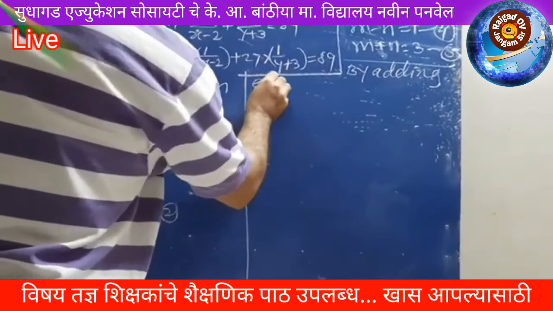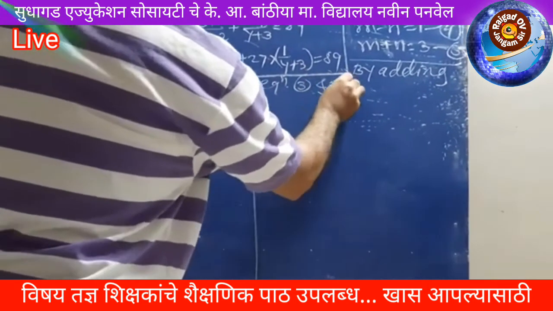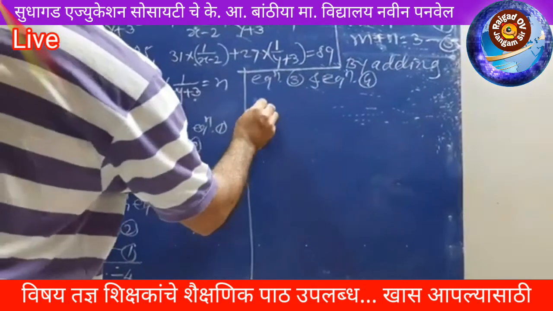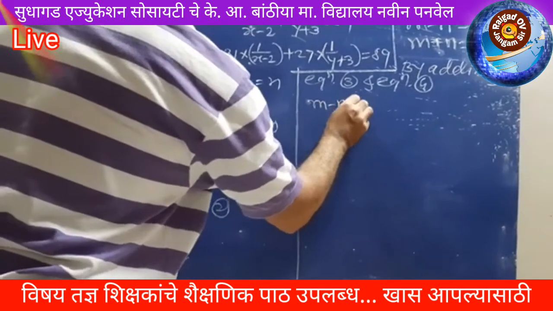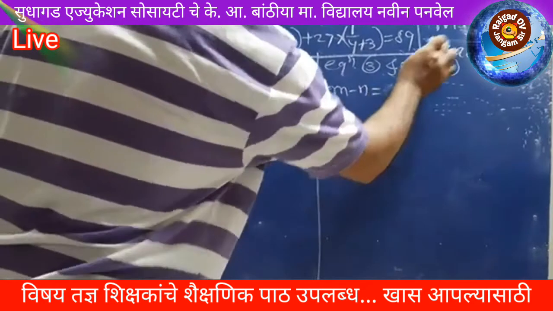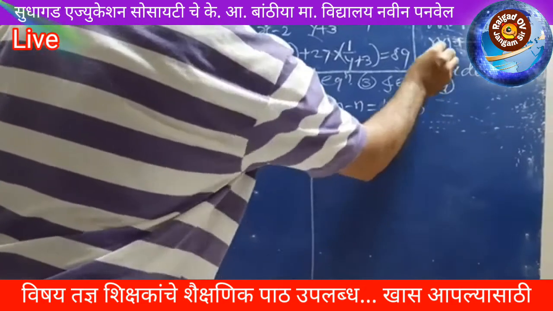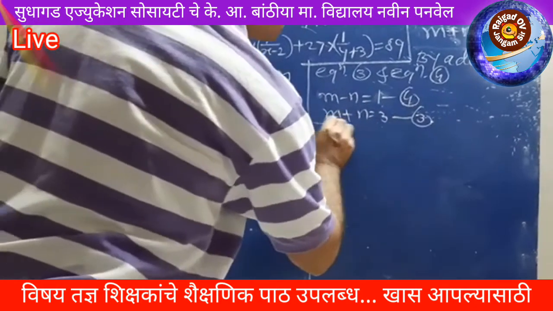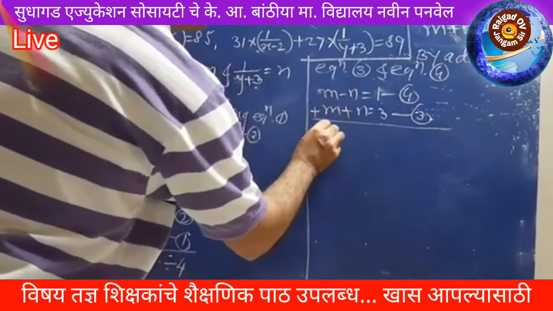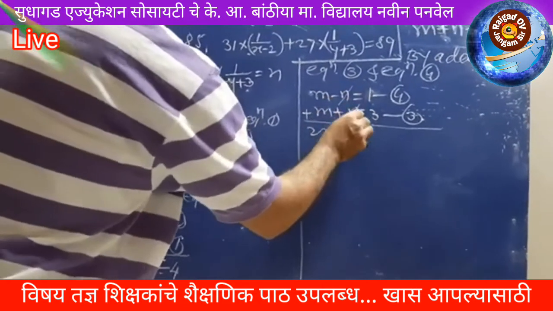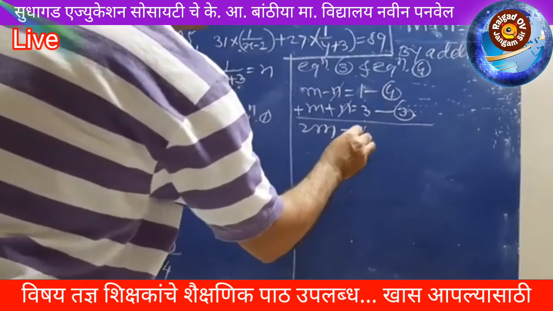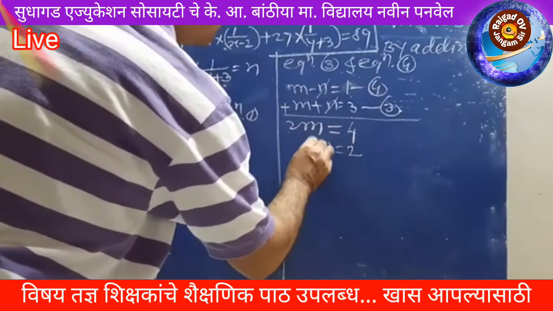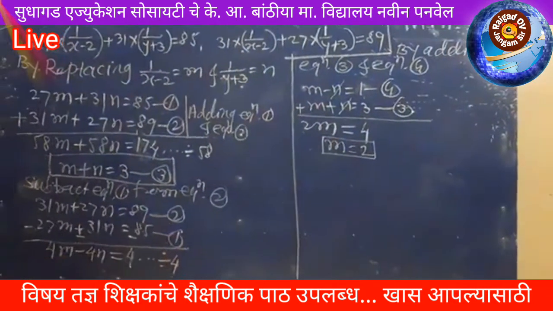By adding equation 3 and equation 4, we write m minus n is equal to 1, equation number 4, and m plus n is equal to 3, equation number 3. m plus m, 2m, minus n plus n gets cancelled. 1 plus 3, 4, means m is equal to 4 upon 2 is 2, so the value of m is 2.